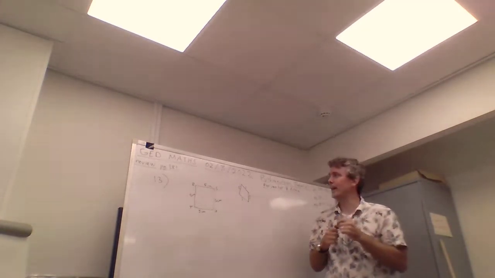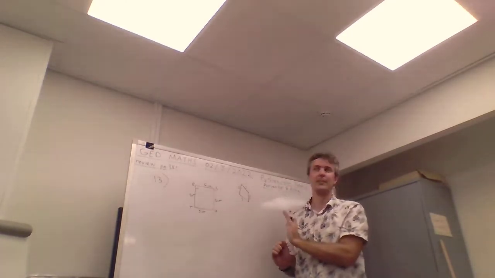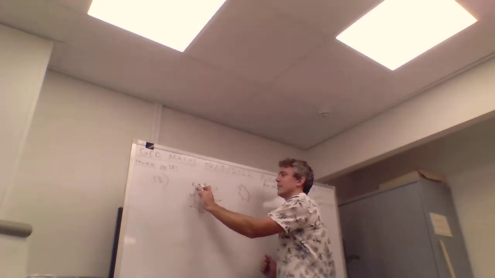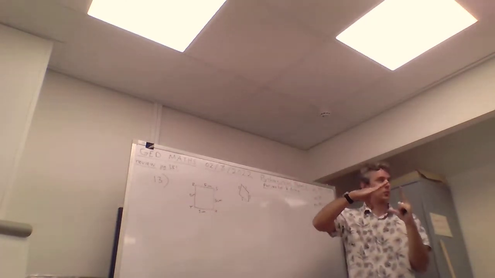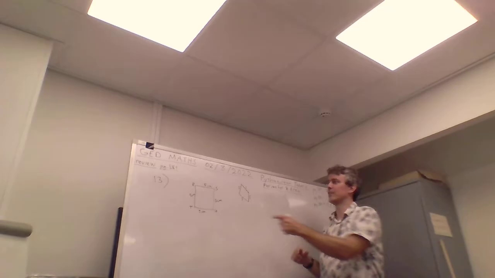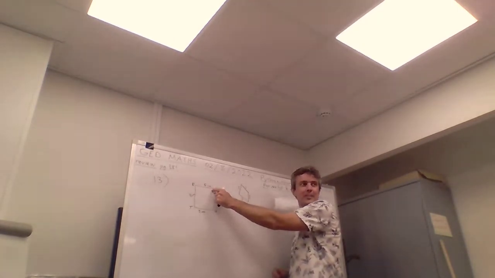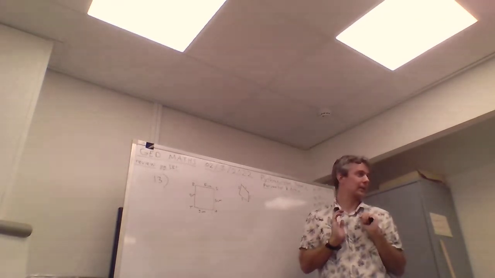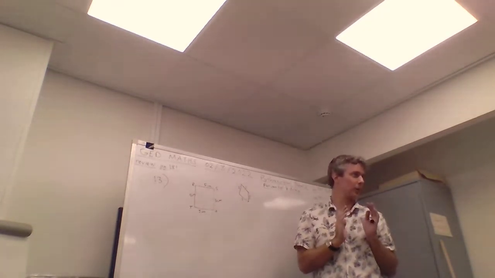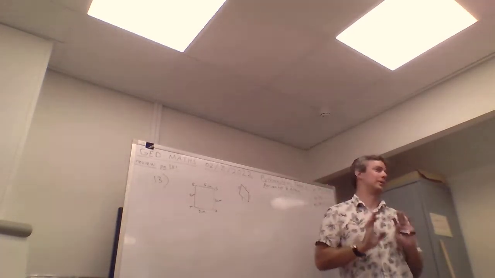If they put a marker here, then I know it's 90 degrees. But they didn't, so it could just be a diamond that's almost a square. This could be 88 degrees, and this one 92 degrees. It would still look like a square to you, but unless they tell you exactly, you don't assume it.